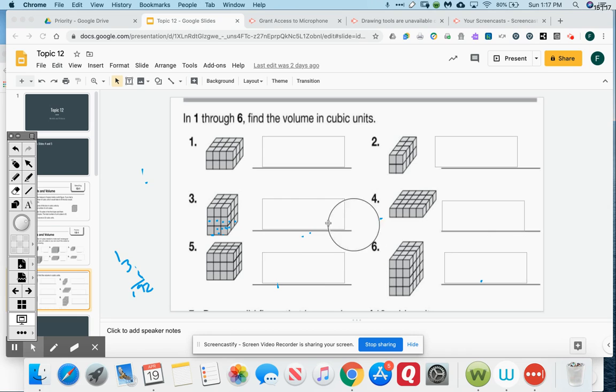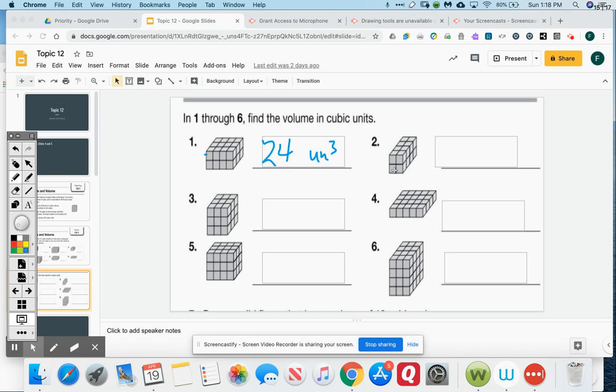Let's erase all that. And then we're going to do the same thing on this page. So let's go ahead and count our units. Again, we have 1, 2, 3, 4, 5, 6, 7, 8. 8 times 3, because we have 3 layers. 8 times 3 is, sorry, 24 units cubed.